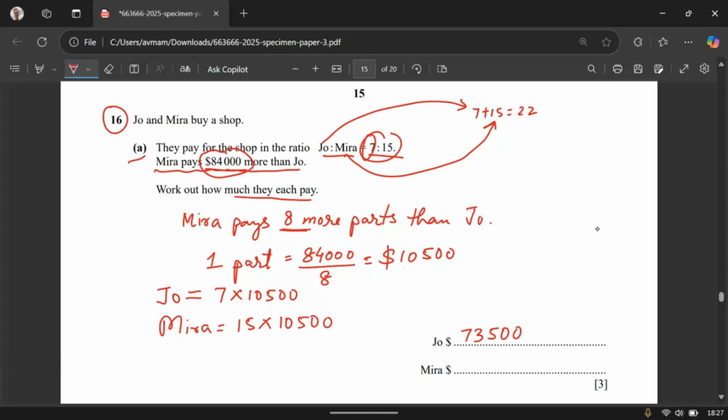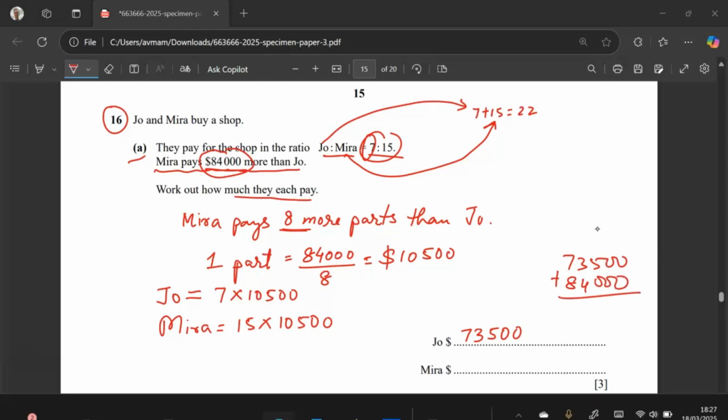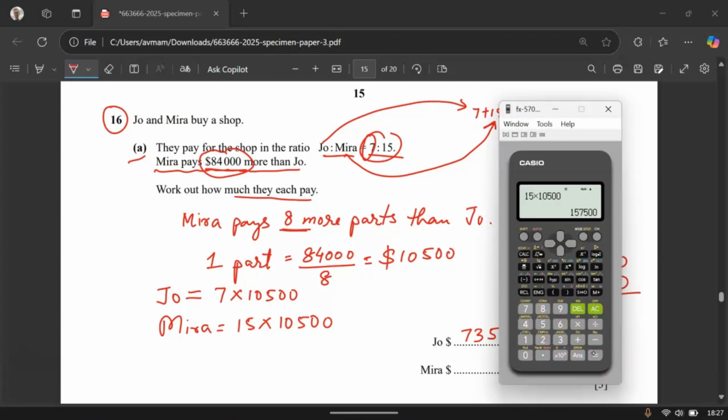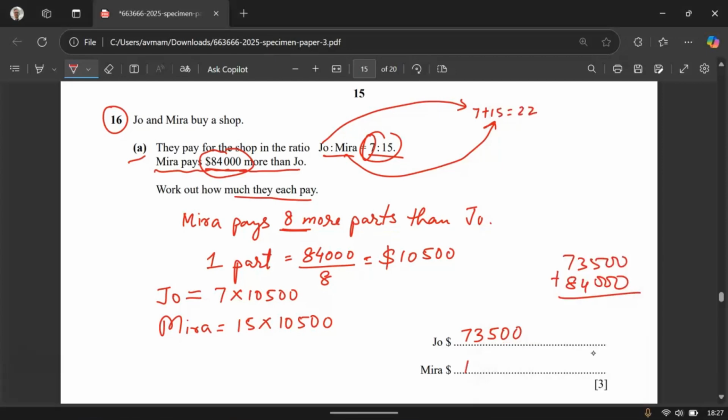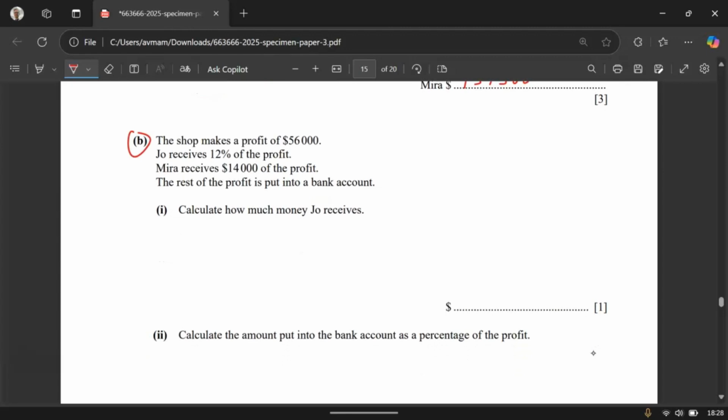Alternatively, you can just add 73,500 plus 84,000. Okay, 157,500. Alright, even if you add this, you will get the same answer, 157,500.